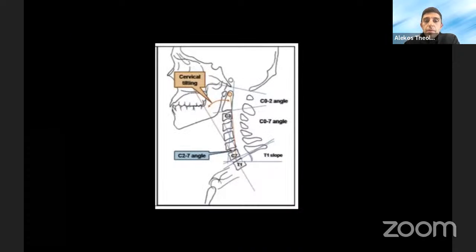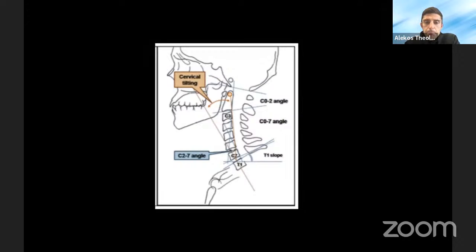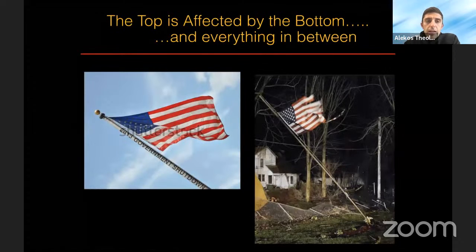So there's multiple ways that you can measure neck alignment, and in terms of cervical lordosis, cervical sagittal, the SVA, but we can't just focus on the neck and its alignment. We really have to focus on the full spine because the top is affected by the bottom and everything in between. I think this flag post example is a good example of that.